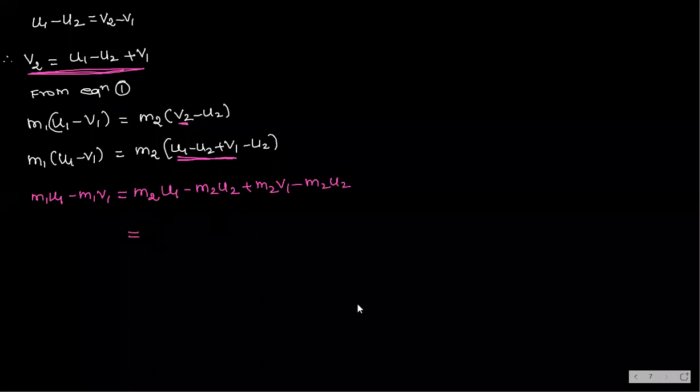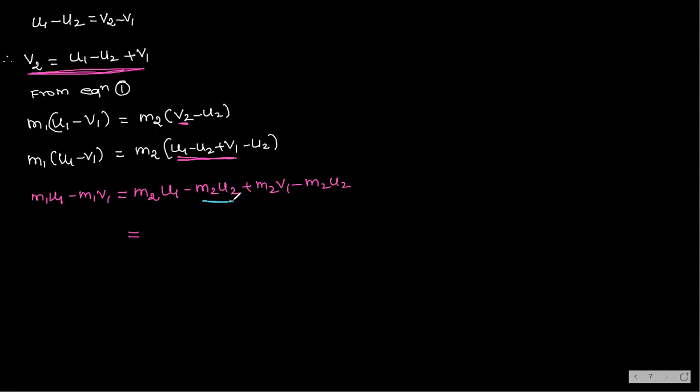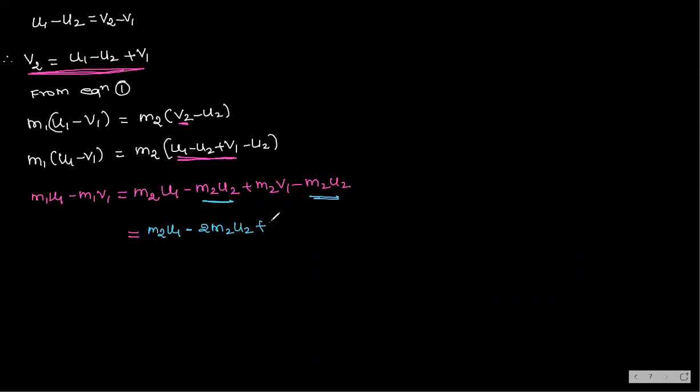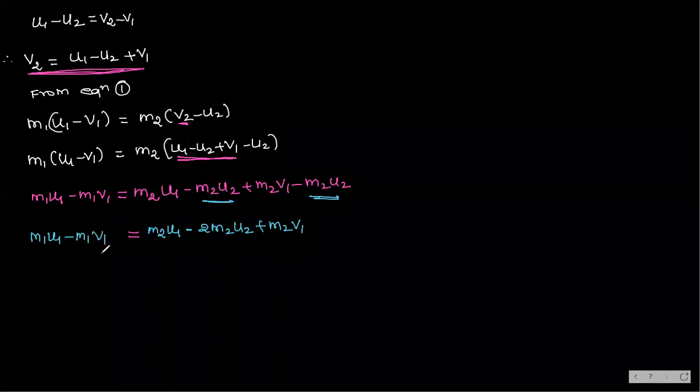Now you see this m2 u2 and this m2 u2, can I add? Yes. So if I add them I get m2 u1 minus 2 m2 u2 plus m2 v1, and this side m1 u1 minus m1 v1. Okay? Right?